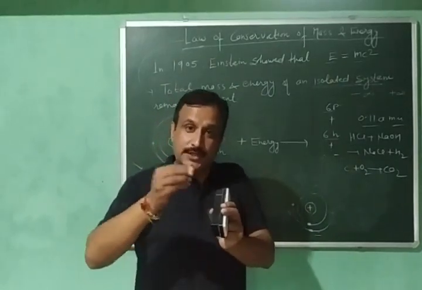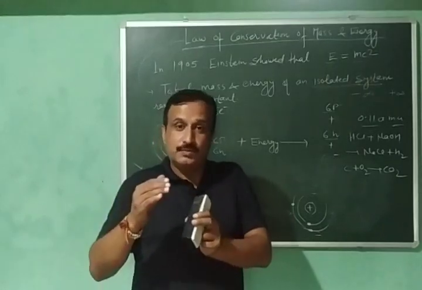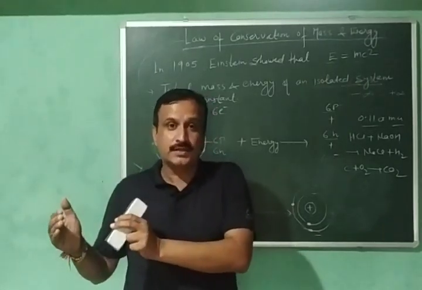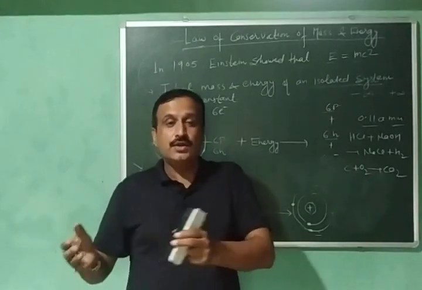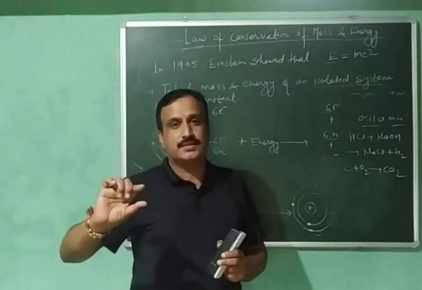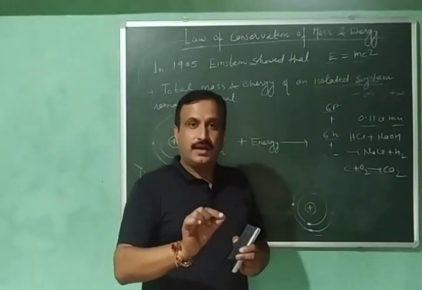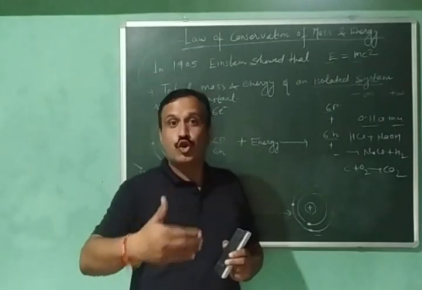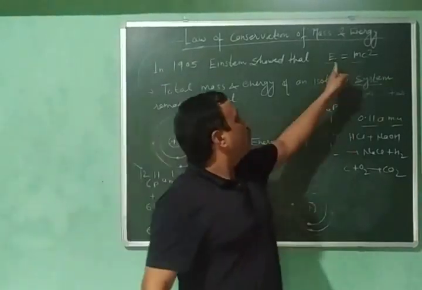So changes take place in the nuclei of the atoms, and when there are changes in the nucleus, there will be a change in mass. So in nuclear reactions there will be a change in mass. The product will have less mass than the reactant, and the loss in mass, which is also called mass defect, will be converted into energy according to this equation.